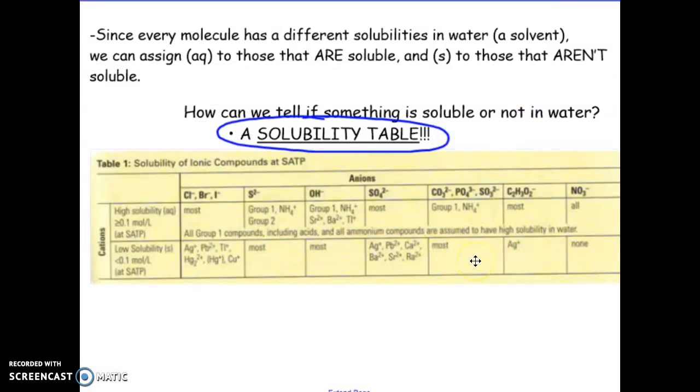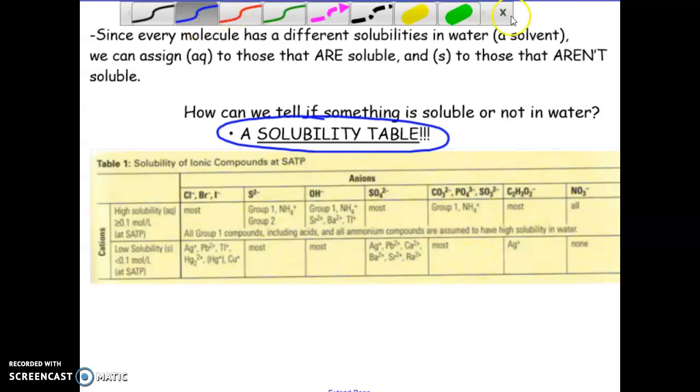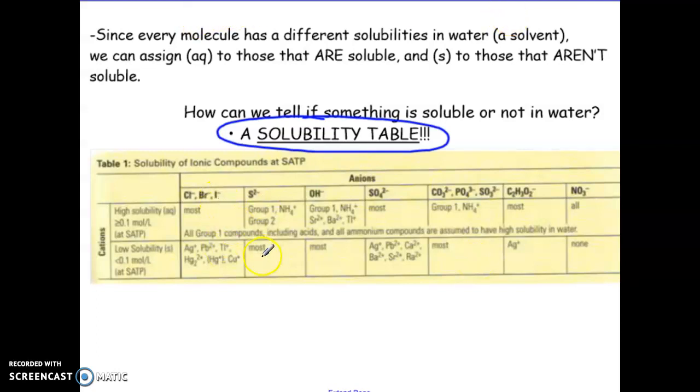So let's talk about how this is organized. We have essentially a table with columns and with rows. There's 2 rows and a bunch of columns. I want you to notice that this says solubility of ionic compounds at SATP. In other words, room temperature and room pressure.